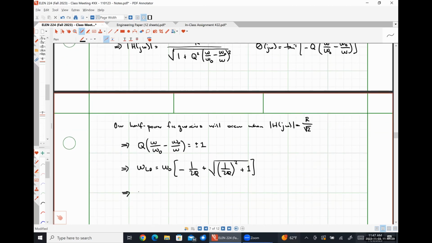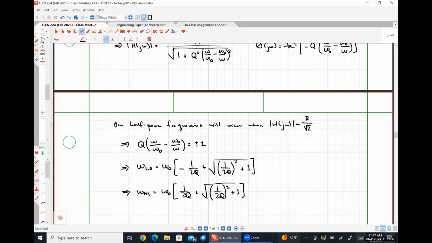Omega high will be omega naught times positive 1 over 2Q plus the square root of 1 over 2Q quantity squared plus 1. And our bandwidth is omega high minus omega low, which is just omega naught over Q.